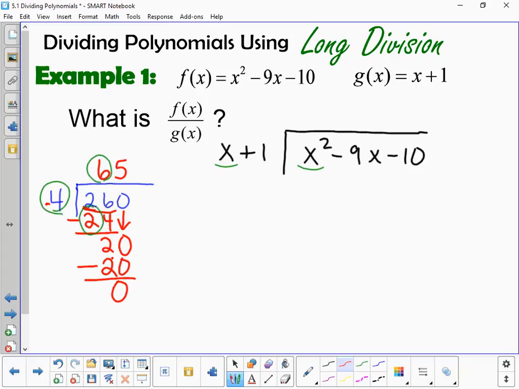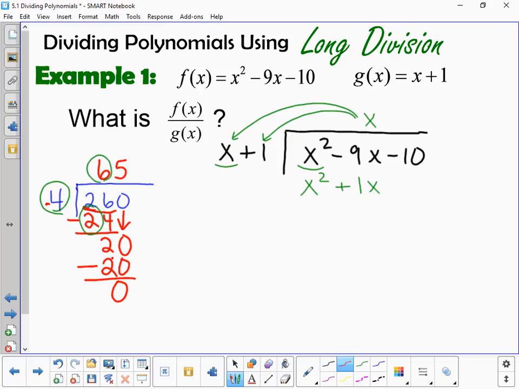And the answer is that I want to multiply this x by another x. So I'll put that x here above where its like term is. And now I multiply. x times x gives me x squared, and x times 1 gives me 1x. This x distributes to both parts when we multiply.